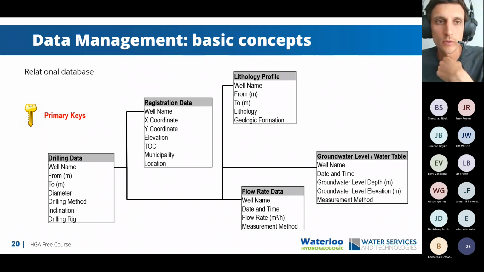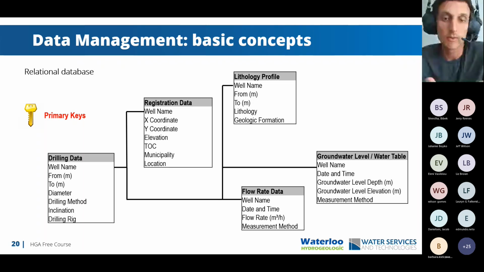If the primary key were only the well name, you would be able to put only one measurement for this well. You would not be able to put more measurements, only one. But you have more measurements because you have a measurement once a day for that well.